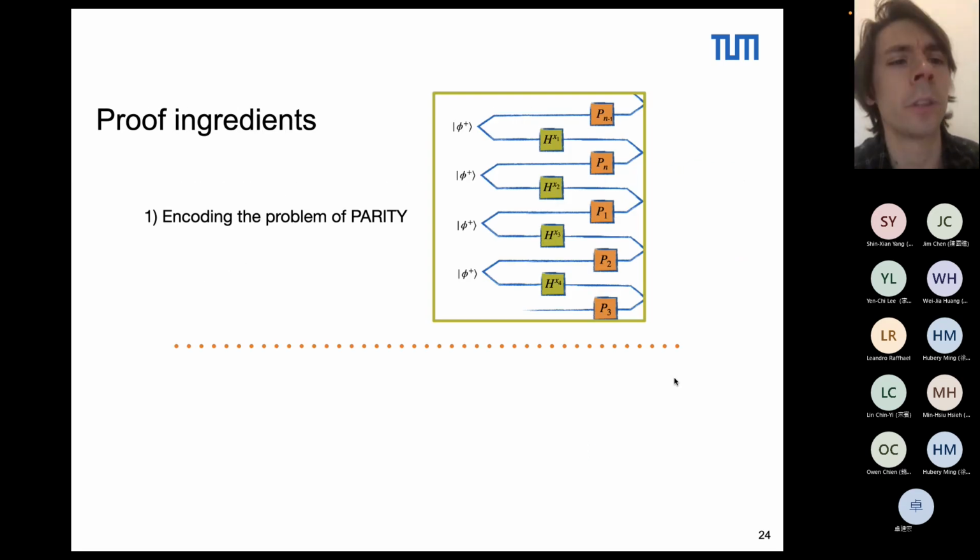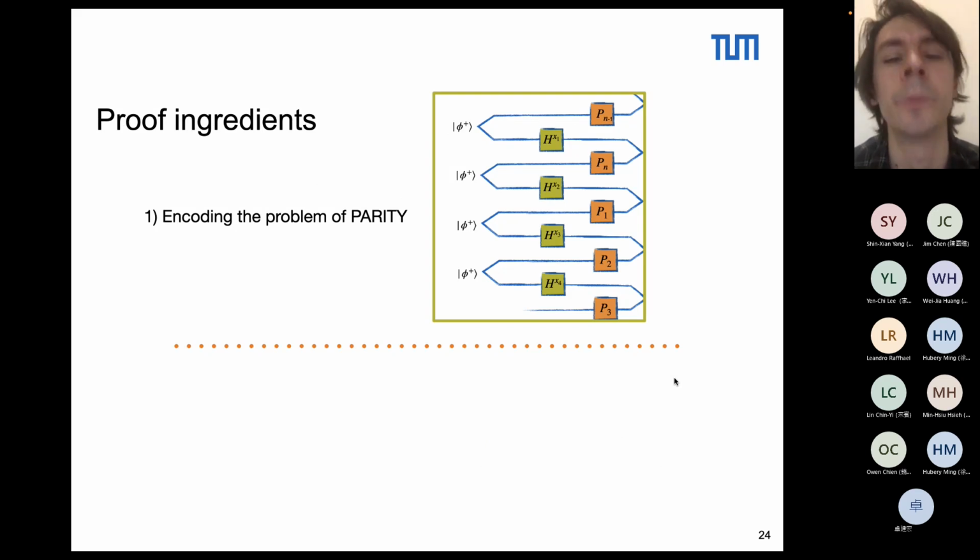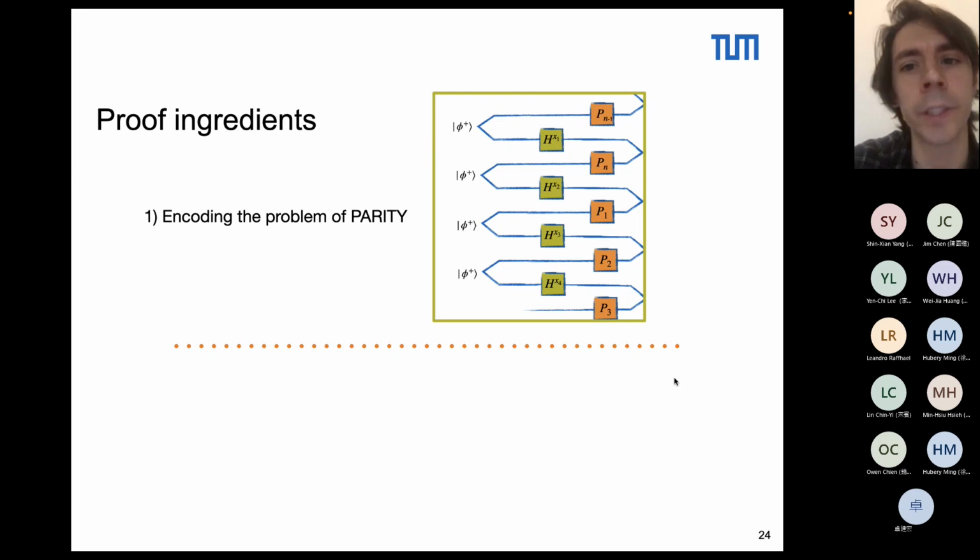And now, I want to talk mainly about this magic square tomography and about how we actually encode and decode this parity and solve this parity problem in our circuit. So the idea is that we're going to split our circuit into two parts.